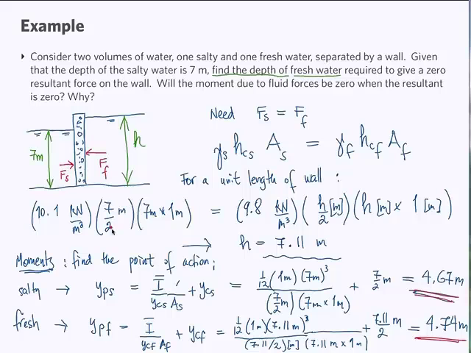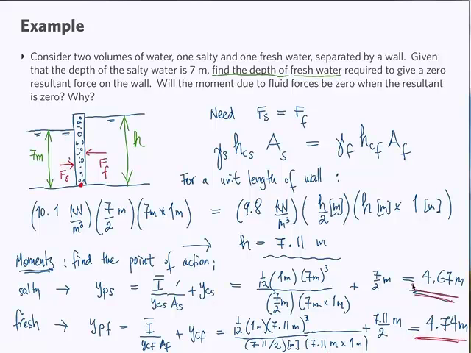Remember this is y, so it's measured from the surface down. This is a vertical wall, and you might want to calculate with respect to the point where the wall is fixed, so that would be from the bottom. I don't have space to do that, so we have to calculate the distance to both resultant forces from the bottom of the wall.